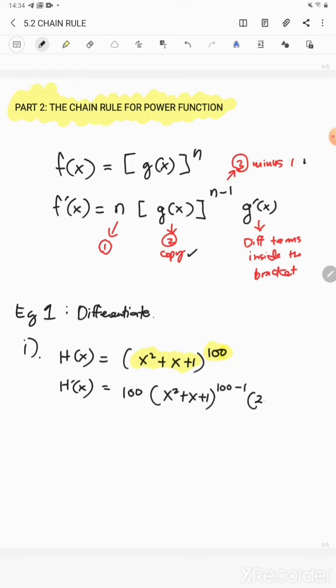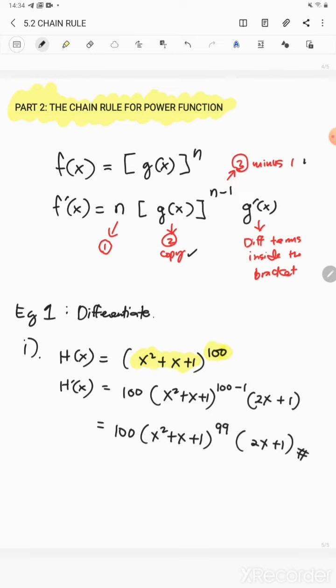So differentiate x power of 2, we get 2x, differentiate x, we get 1, and differentiate plus 1, we get 0. So never mind, no need to write this. To simplify this, the answer is 100 (x squared plus x plus 1) power of 99, and then multiply (2x plus 1), right? That's all.